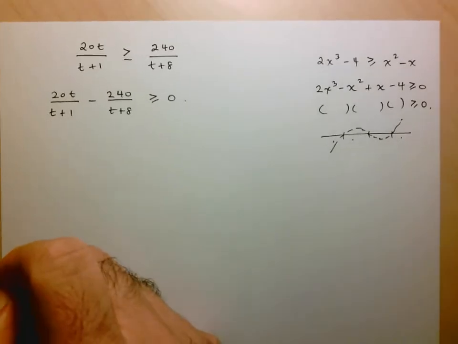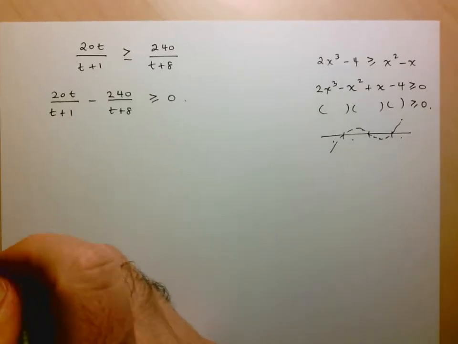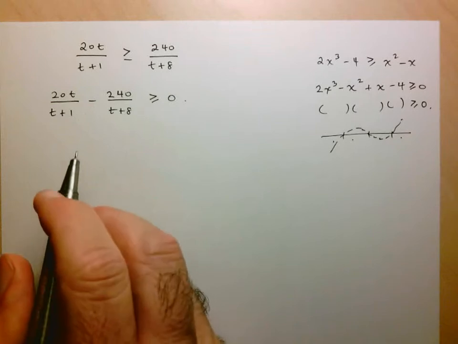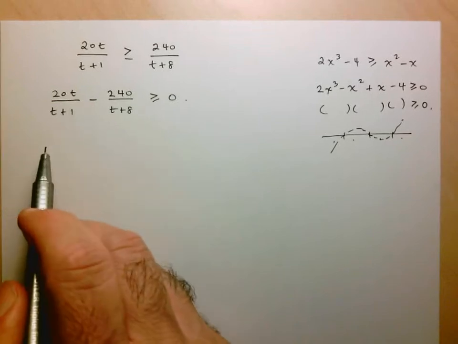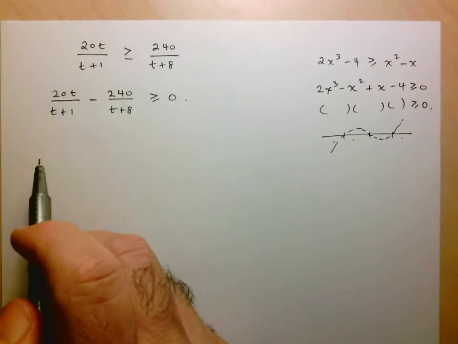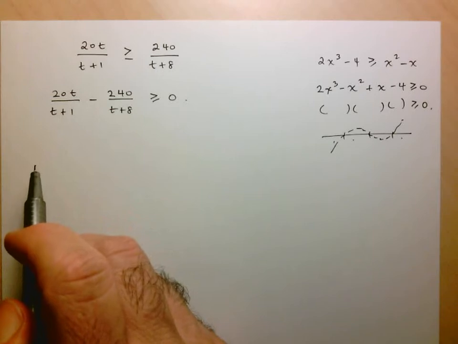And then from there we'll see where we go. Although as I'm doing the algebra, you might start to think about how I'm going to use this single rational expression to solve my problem.